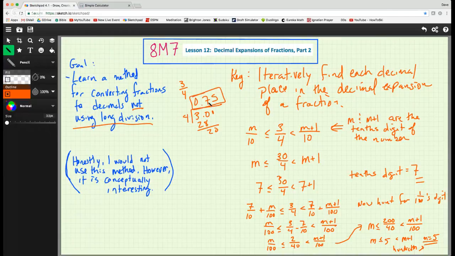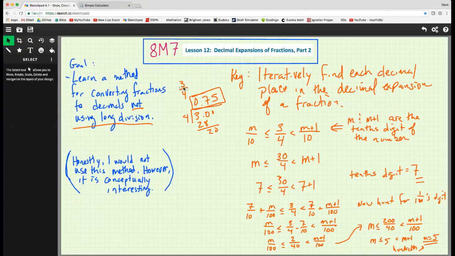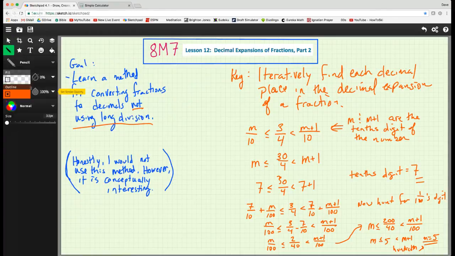And you'll get there pretty quickly. Now, there's another method if you don't like long division or you conceptually need to understand how to iteratively find each decimal place in the decimal expansion of the fraction.